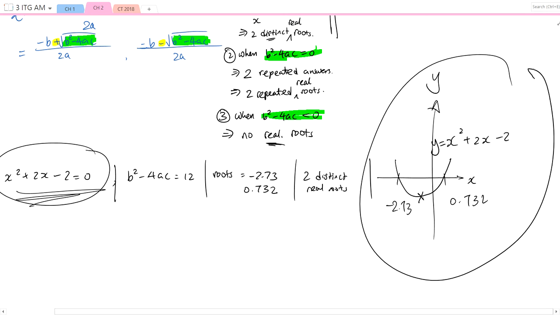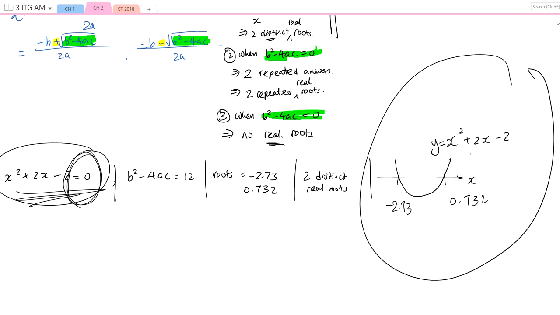Why is it that the textbook removed my y-axis? Because here we have equals 0, whereas over here I've got a sketch of y equals x squared plus 2x minus 2. So some of you correctly point out that actually y equals 0.